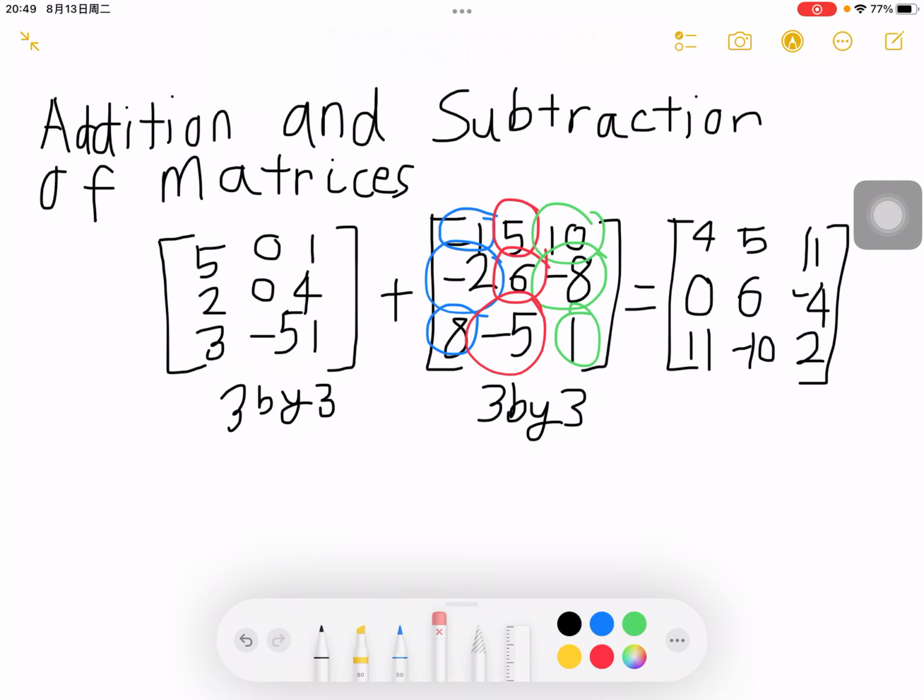So now let's just try another example. Let's say I just tried to do the example. So I have a 2 by 2 matrix. 1, 2, 5, 4.